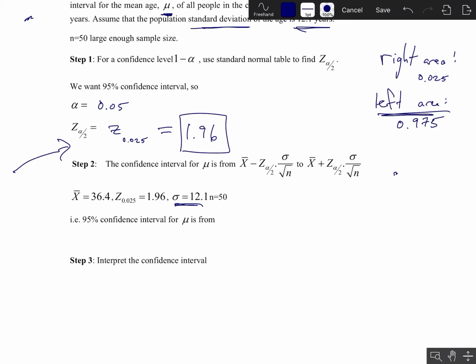So if I put all of that together, what we can say is that we can be 95% sure, because we chose a 95% confidence interval, that mu lives between x bar minus z, so between this endpoint and this endpoint.